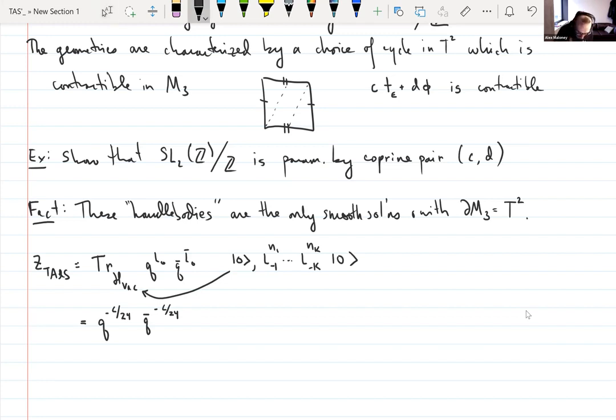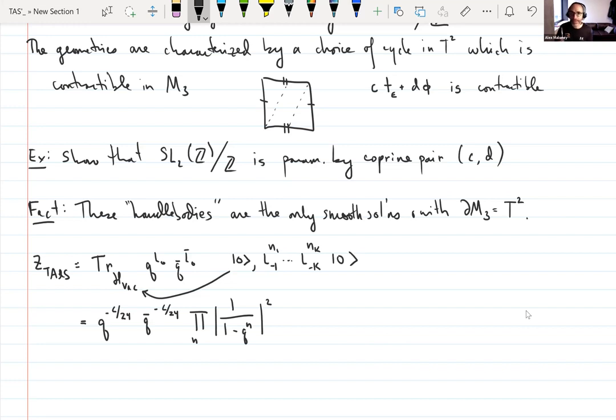So you're going to have a product over all of these different possible Virasoro raising operators of the partition function of a simple harmonic oscillator of energy n, along with an analogous expression for the q bars if I act with a bunch of the L bar raising operators.